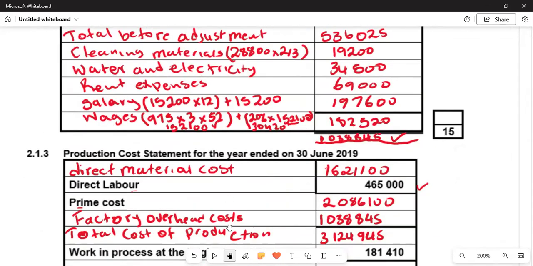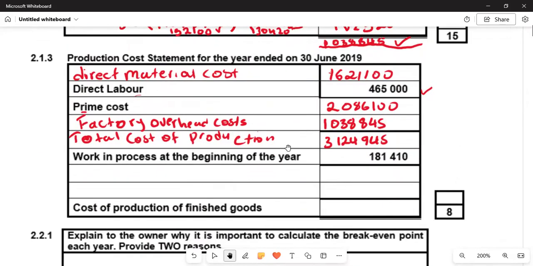So now, as it is given, we take it from the information A that was given. Now we are going to add it to total cost of production.